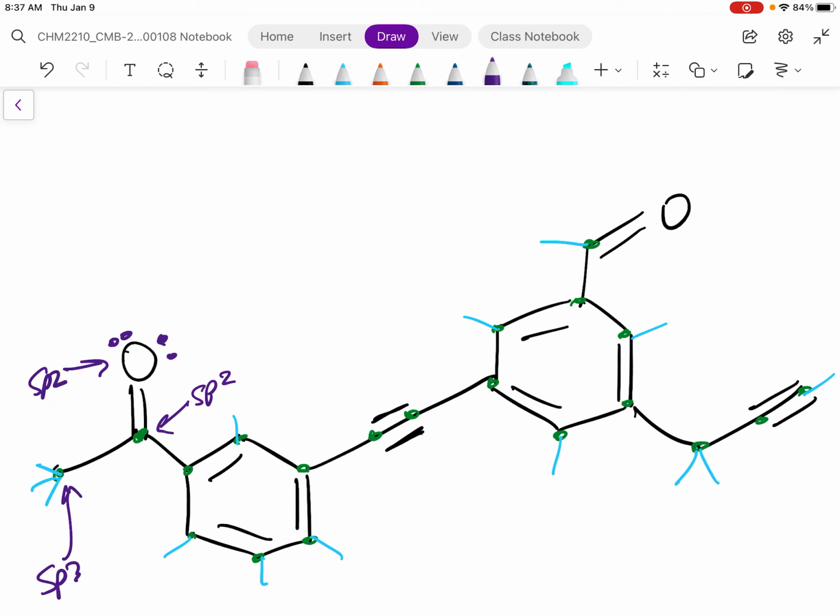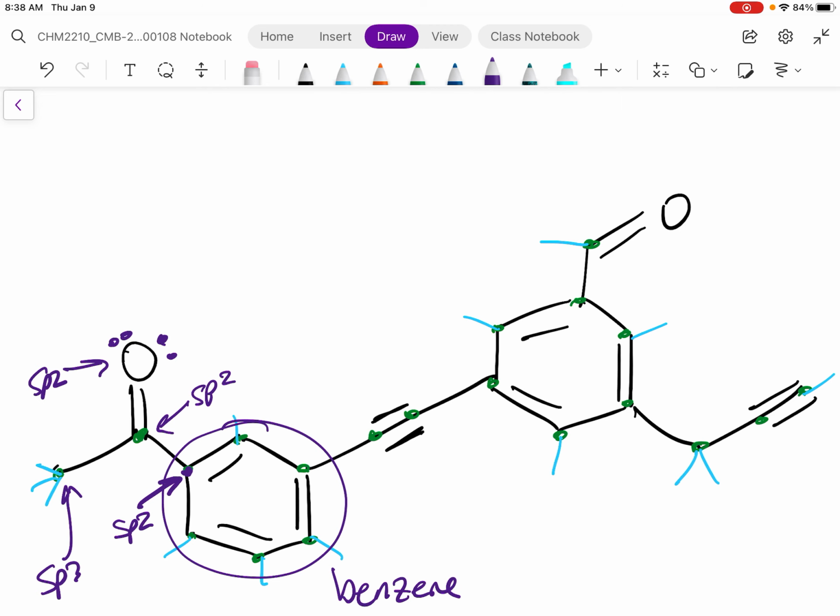Now, what about this carbon right there? What's that hybridization state? That's sp2 because it has 3 groups. Okay, this carbon right there has 1, 2, 3 groups. Do you see that? So that's sp2. Pretty quick and easy. So all those carbons in that ring are sp2 hybridized. Anyone know the name of that ring? That's a benzene.